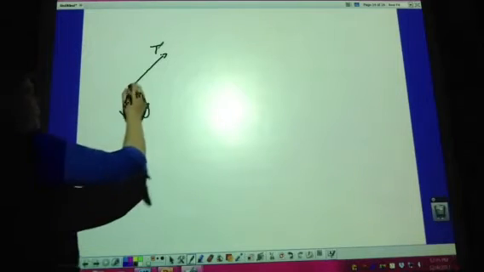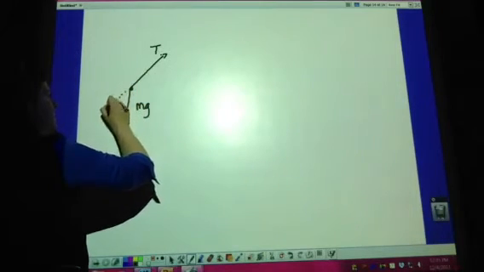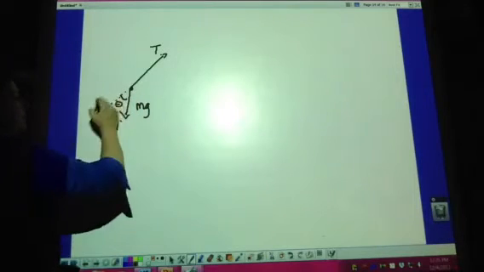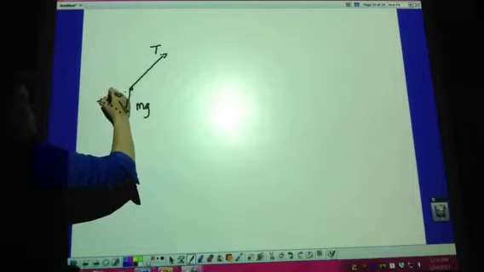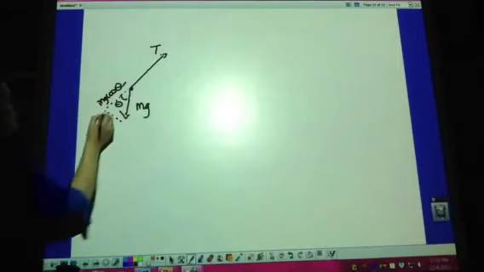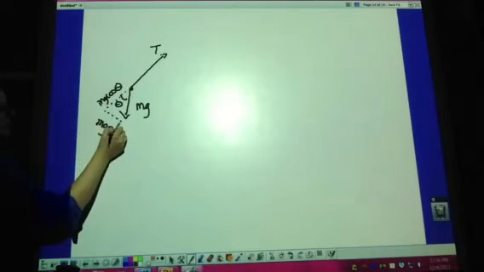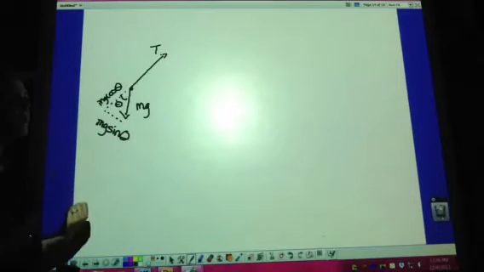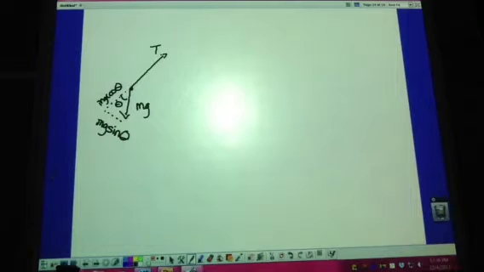Okay, I'm going to break up weight into components. So here's theta. This would be mg cosine theta, and that would be mg sine theta. If I'm thinking about the tangential acceleration, which of my forces is it going to be?